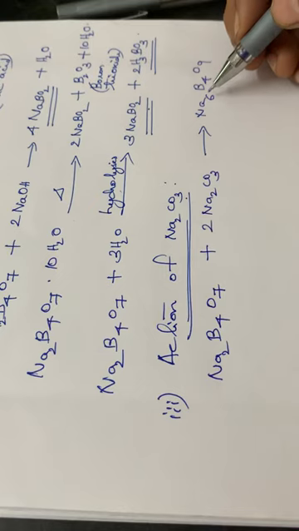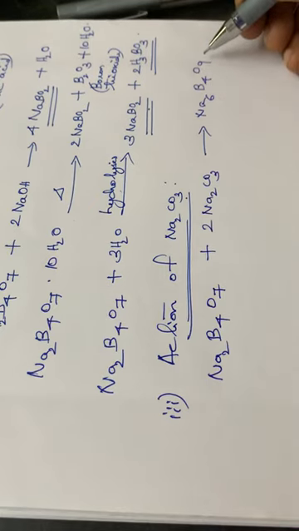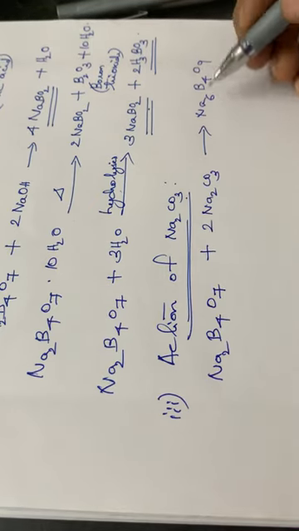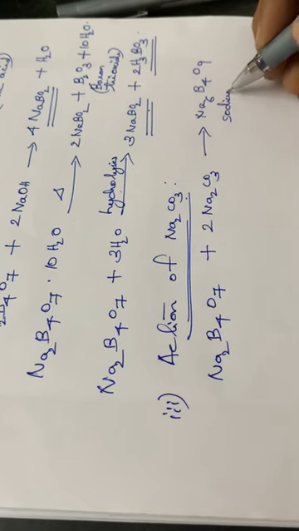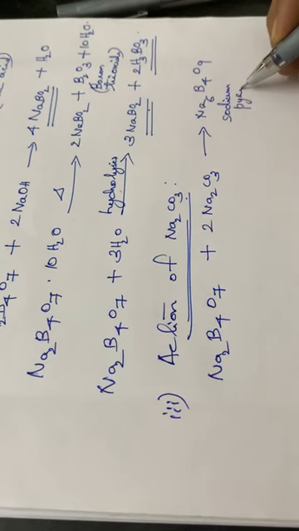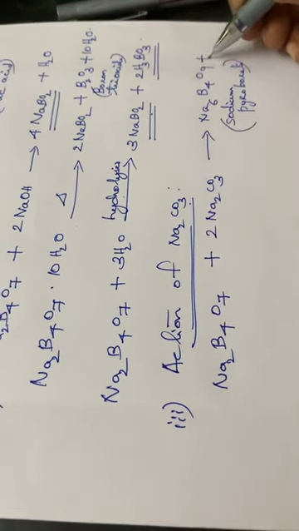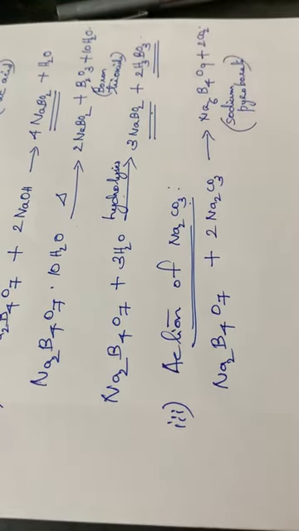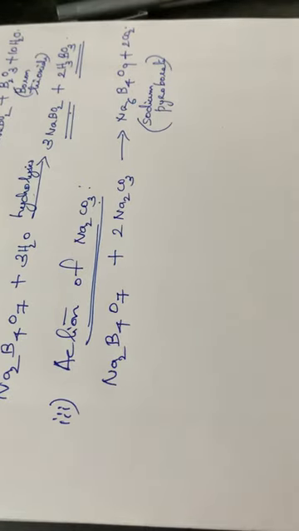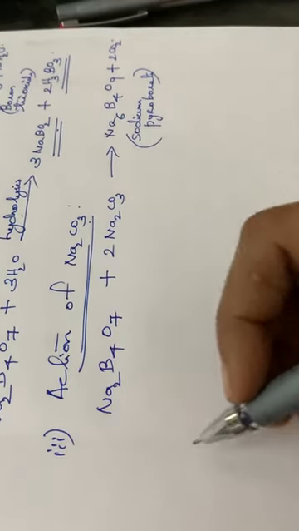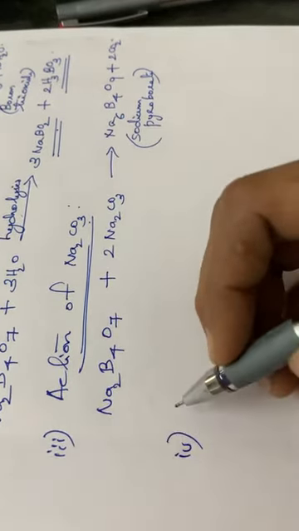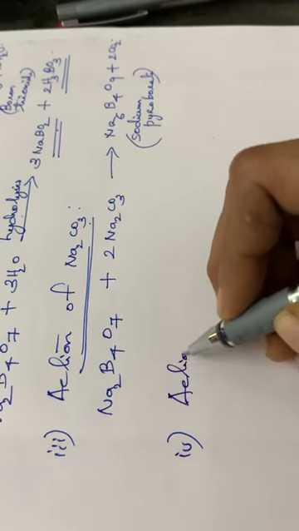This compound is called sodium pyroborate, plus 2CO2. Okay. Then the next one, the fourth reaction, that is the action of heat.